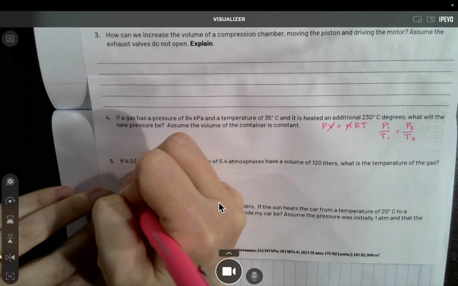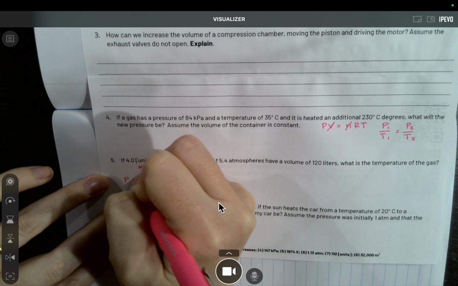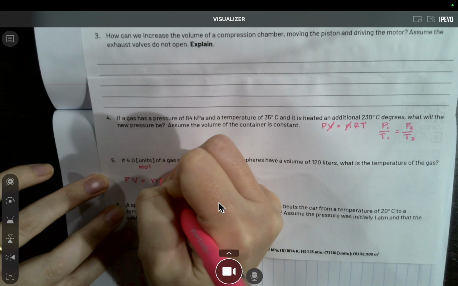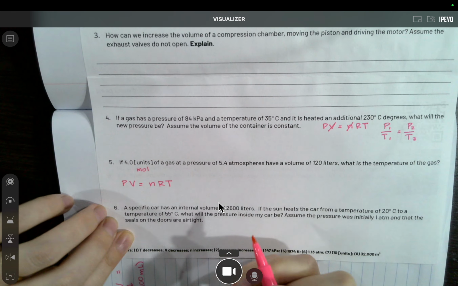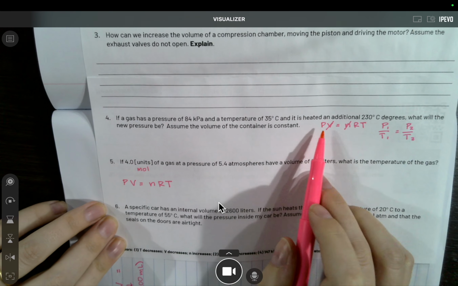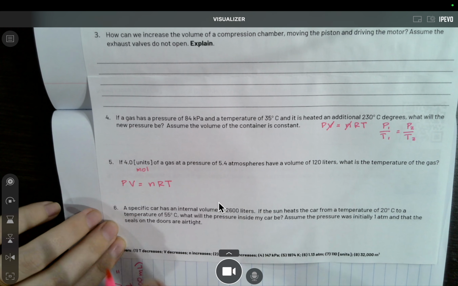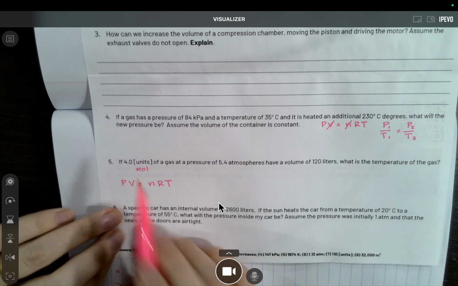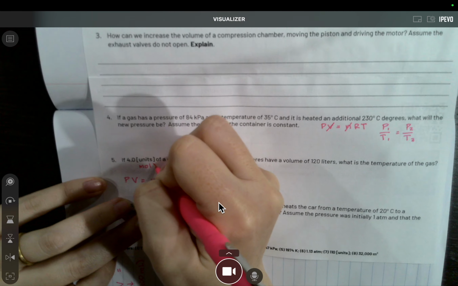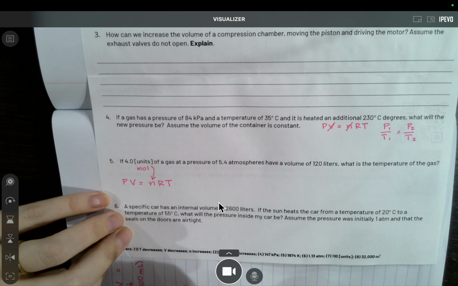So once again, I always like to start out my problems by writing PV equals nRT. All right. And in the previous problem, we crossed out things that weren't changing, and it helped us identify which gas law to use. Let's see what's going on here, though. 4 units of a gas, that means they've given us an n.